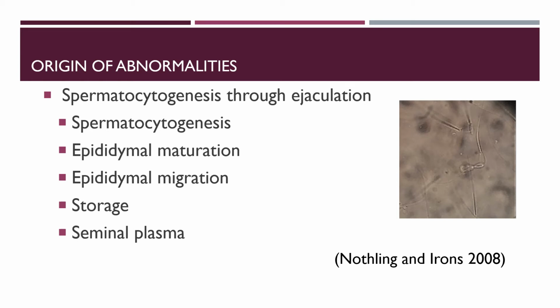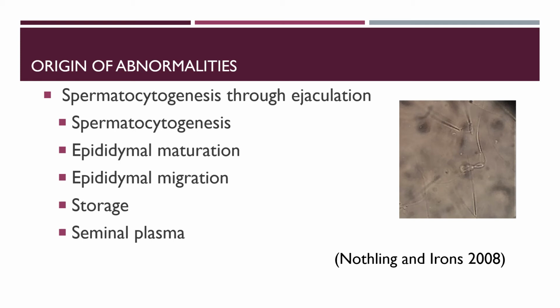Morphological abnormalities can occur at any point from spermatocytogenesis through ejaculation. Anything that would occur in the female reproductive tract or during, say, the cryogenic freezing process would not necessarily be the result of a defect in the animal, but it may be trauma or just the environment that the cells are in.